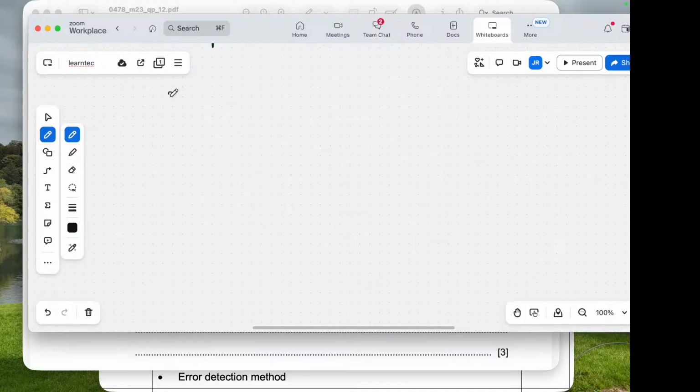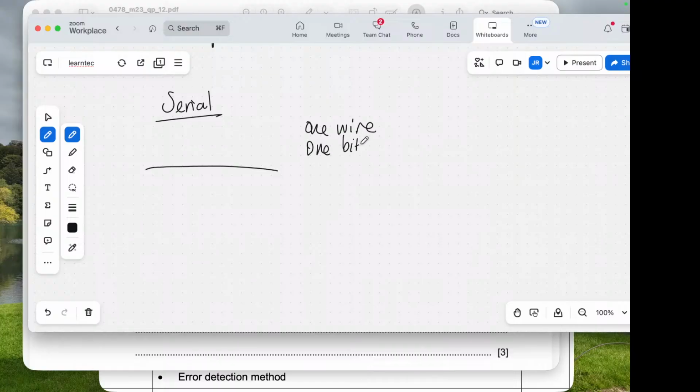But if we think about serial, what serial does is we've got one wire. So that's the key thing, one wire. And we're sending the data 1 bit at a time. And there's a very slight delay in that, 1 bit at a time.